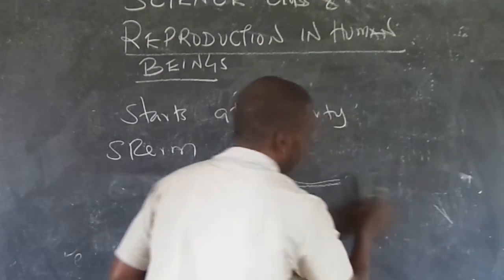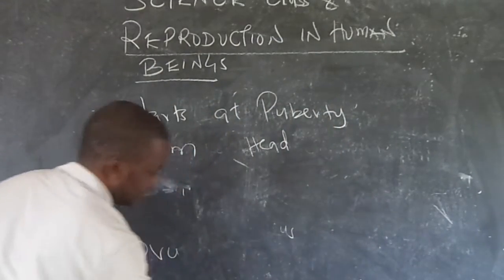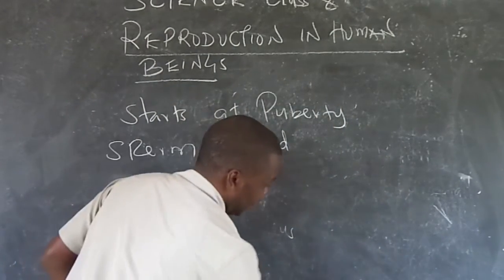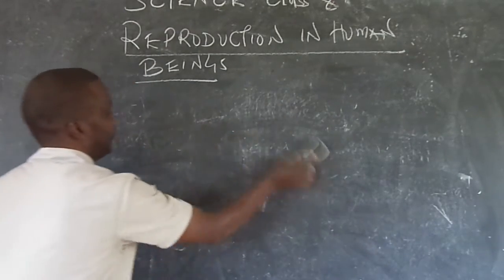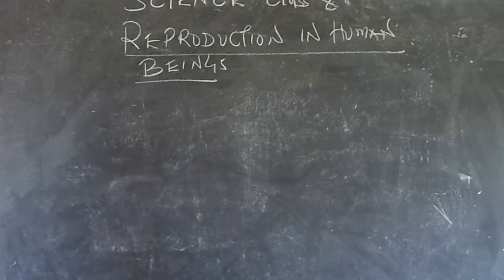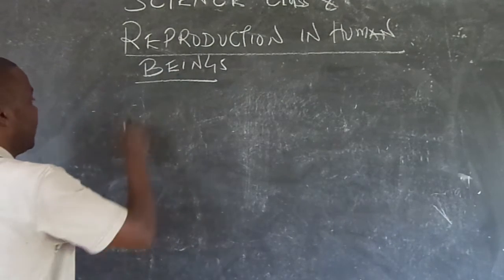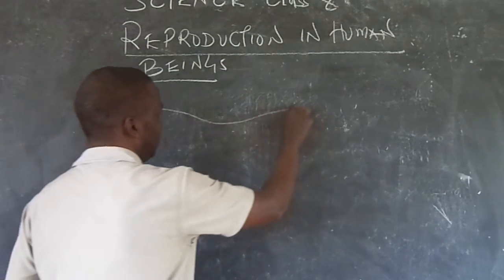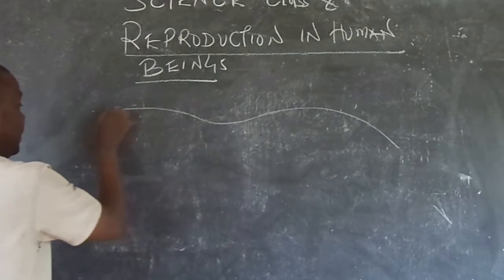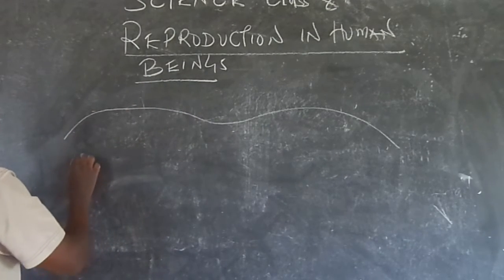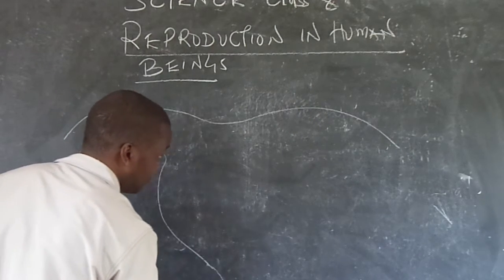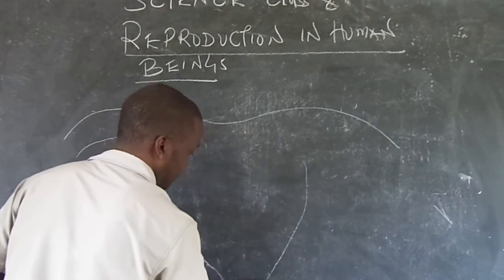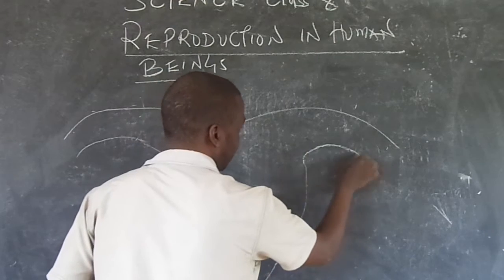Let me go back to the female sex cells so that I can explain this and you understand it in depth. Look at my organ. This is my female reproductive organ.